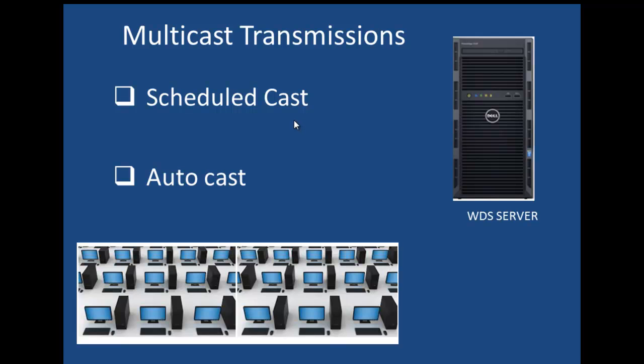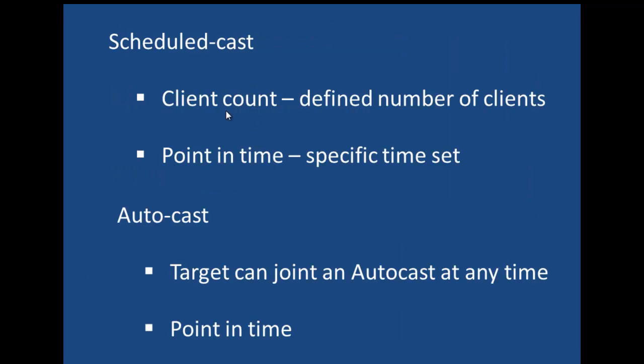Let's talk some more about the two options on the scheduled cast. We have the client count. When you specify a client count, meaning the number of clients that you want to receive the transmission, the server will wait until that defined count of connected clients is reached, and then it will start sending the information to the client computers.